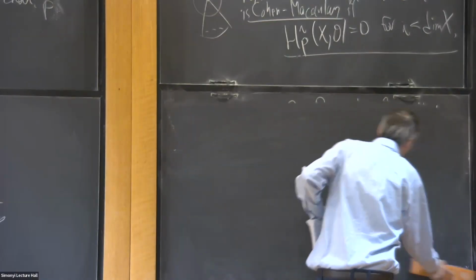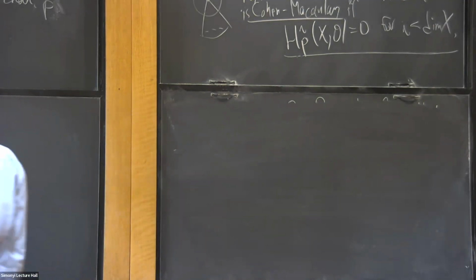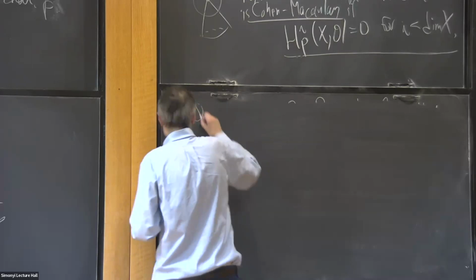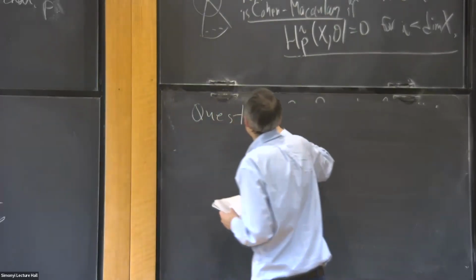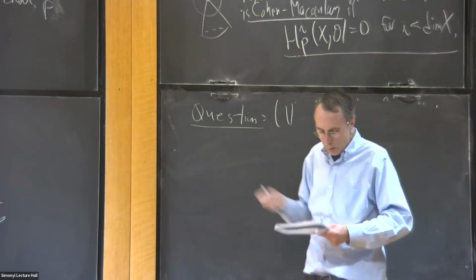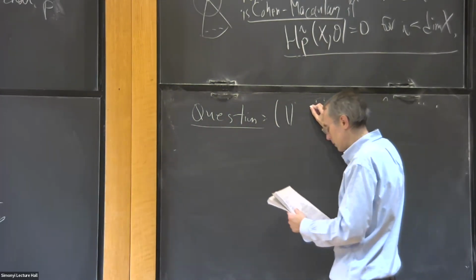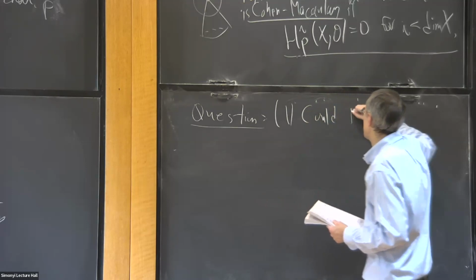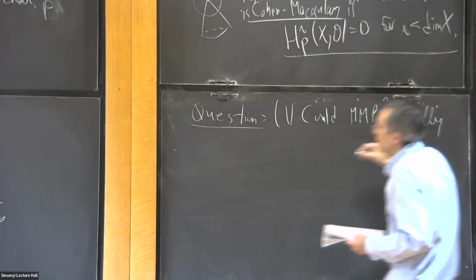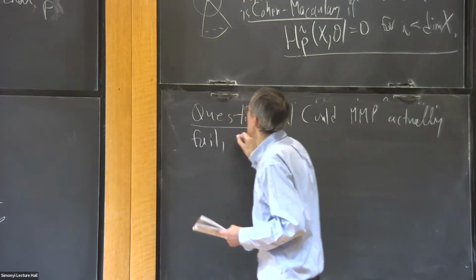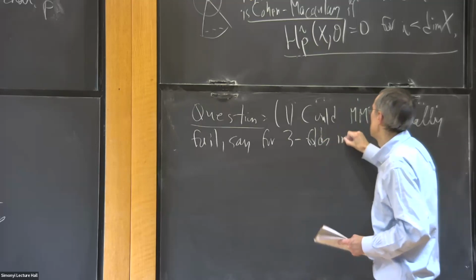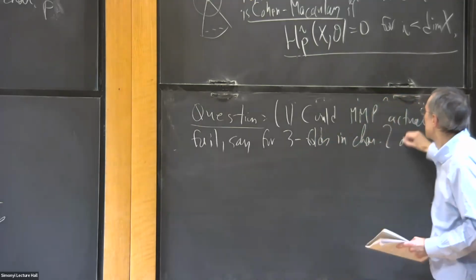So a question that comes up is, what happens in a fixed dimension? Question number one, which I don't know how to address, but which is in the background, like why we're interested in these things: could the minimal model program actually fail in small characteristics, for 3-folds in characteristic 2 or 3?